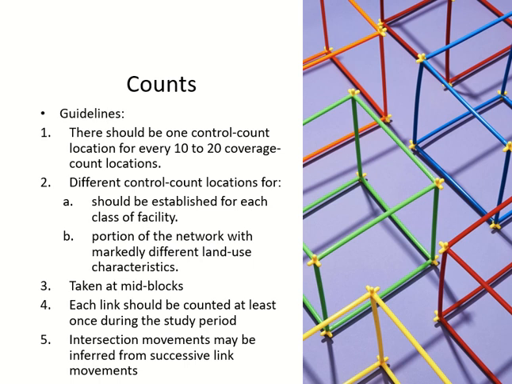According to facility: urban arterial, rural arterial, urban collector. On each type of highway, take at least one control count. Your network can have 2 or 3 or 4 of them, right? On each type, at least one control count.